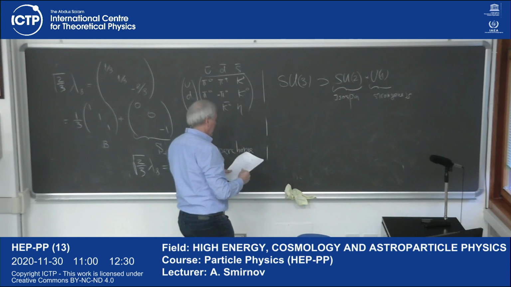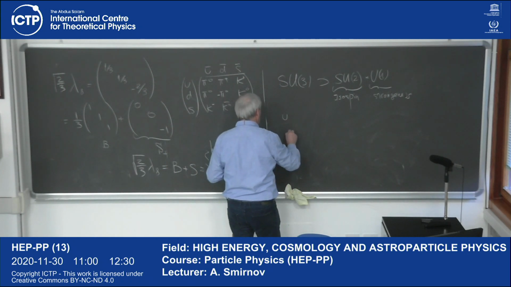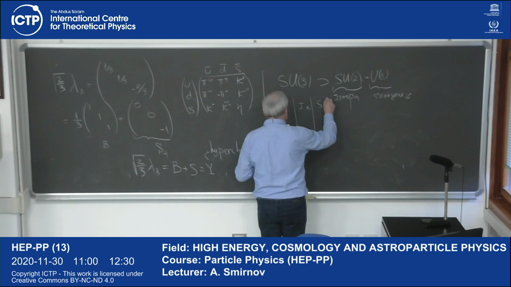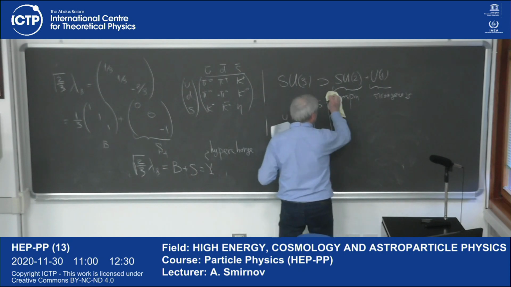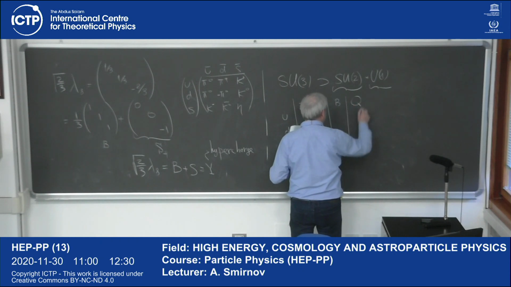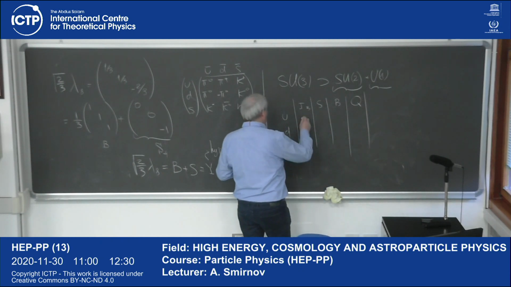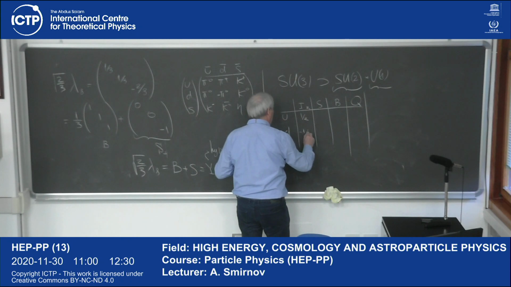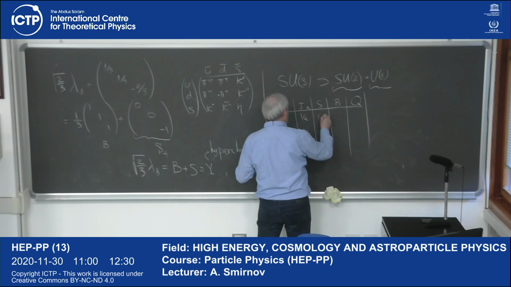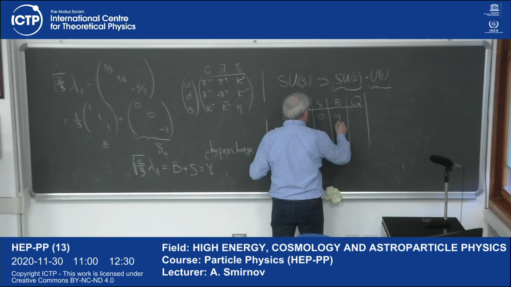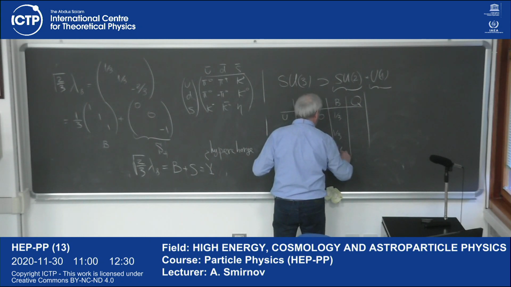So now we can complete the properties of quarks. We have U, D, S, I3, strangeness, and of course we can write B and electric charge. So for isospin, we have 1/2, minus 1/2, 0, and strangeness is 0, 0, minus 1. Baryon number is 1/3, 1/3, and 1/3.